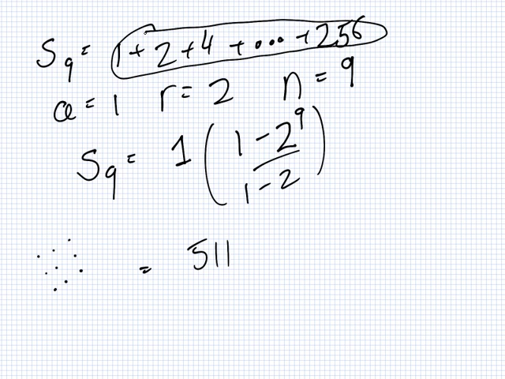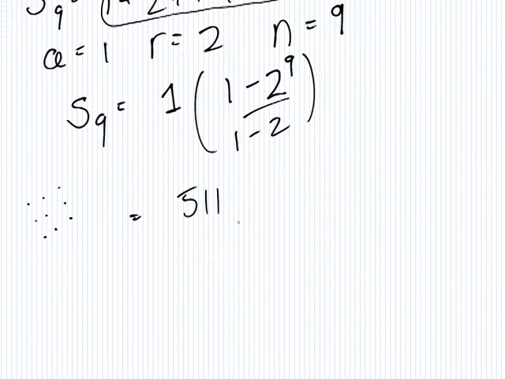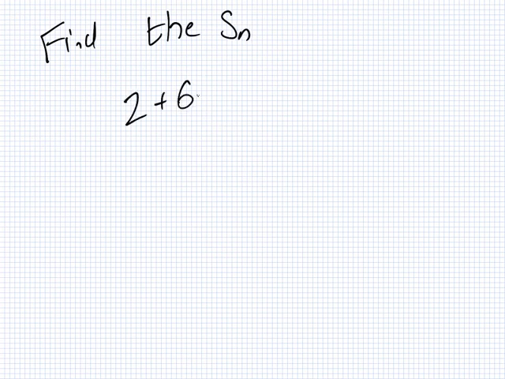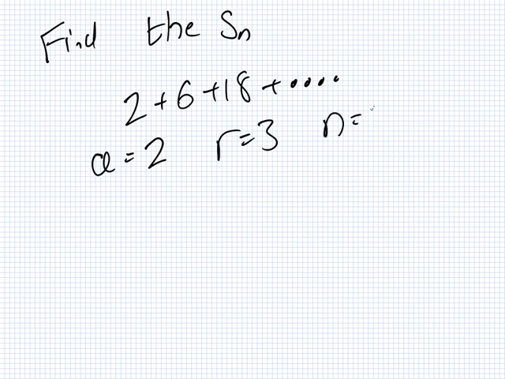Okay. So that's our first example of using the formula. Let's have a look at another example. So this time I don't tell you the n. I say find the Sn here, and we will be adding, let's say, 2 plus 6 plus 18, etc. Okay, so here the a is 2, the r is 3, and the n is n.